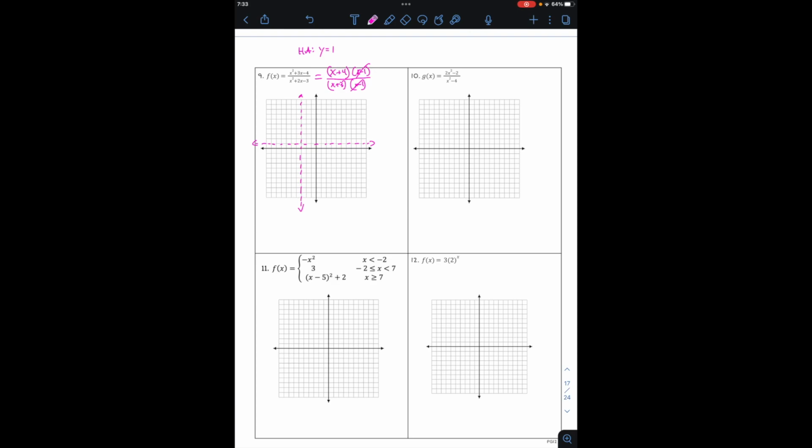Then I probably need to plot some other points. If I plug in 0, I'm going to get out 4/3, which is right about here. Kind of annoying. It's not going to be any nice integer coordinates. If I plug in negative 2, I would get 2 over 1. So negative 2 gives me 2.